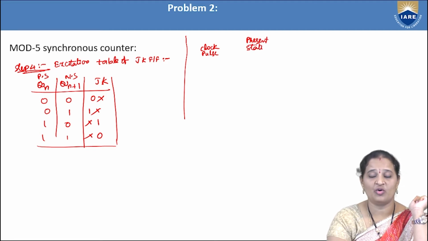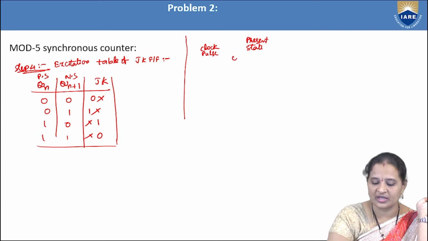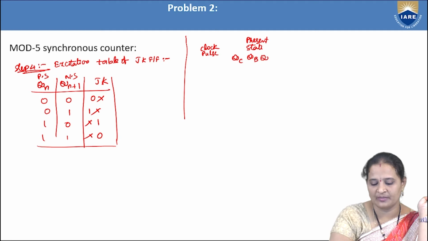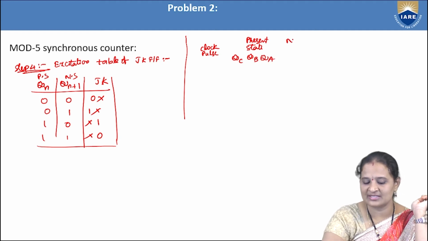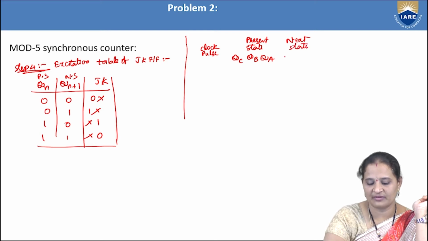As how many flip-flops are required here? 3. So let us consider the 3 flip-flops as QC, QB, QA, and the next state of those flip-flops are given by QC plus 1, QB plus 1 and QA plus 1.